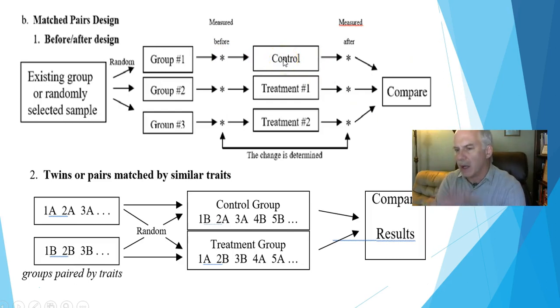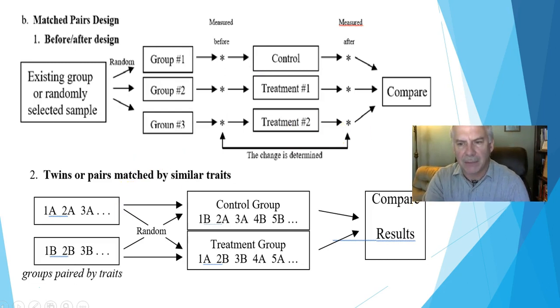The control would be nothing. You don't give them anything. You might do something to occupy their time, but you don't give them the actual treatment that you're trying to test. But you measure before and after, and then you determine the change, the difference between the scores before and after. And then you look at that. So that's called before and after design.